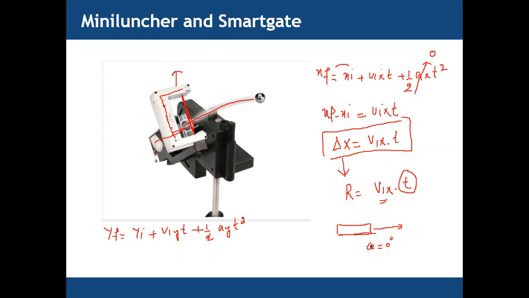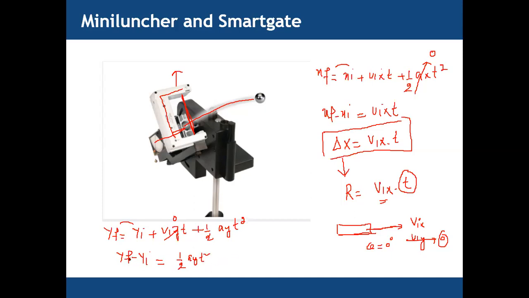Then we have two components of velocity, Vix and Viy, but since this is horizontal, Viy is equal to 0. If you transfer y initial to the other side, we have y final minus y initial, and Viy is 0 because this one makes 0 degree. So there is no y component, only the x component. We have half Ay into t squared.